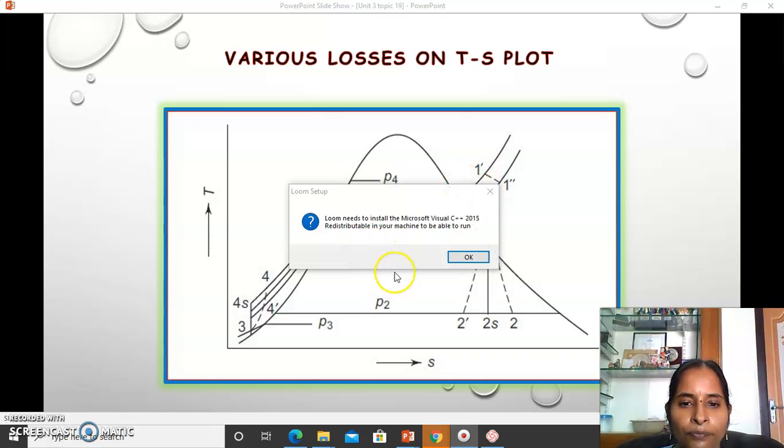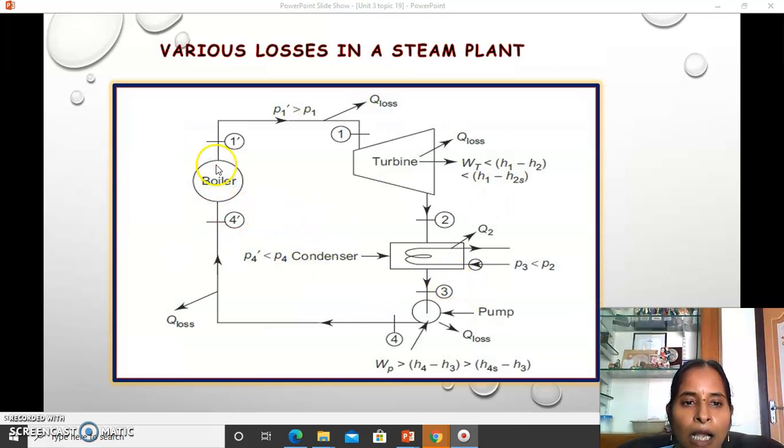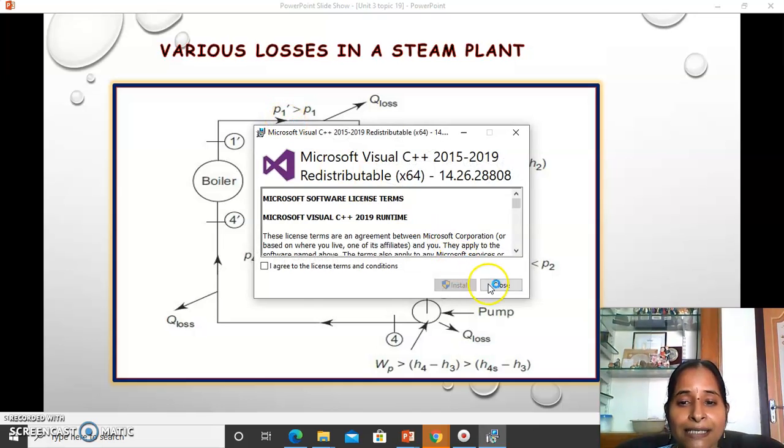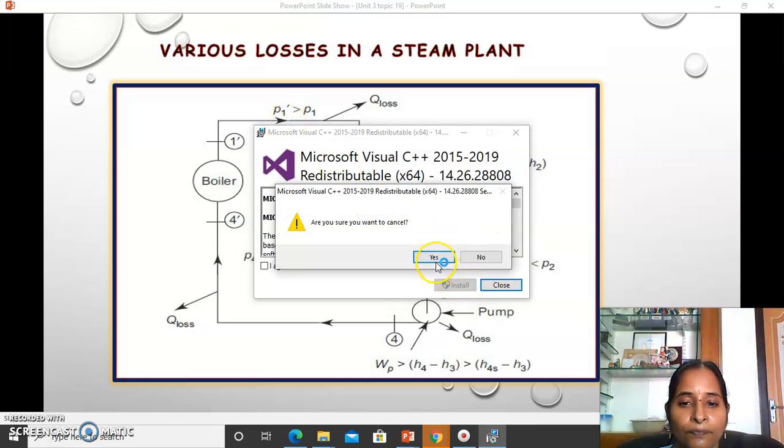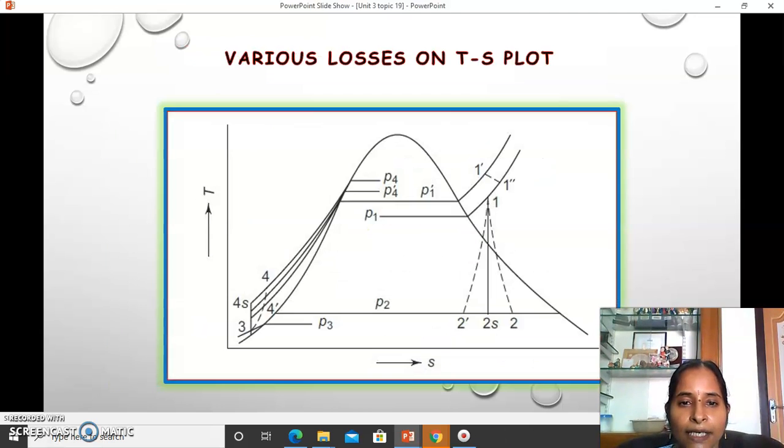From the boiler they are actually planning for P1 dash, but it needs to be supplied at a higher pressure. Listen here, P1, here P1 dash.